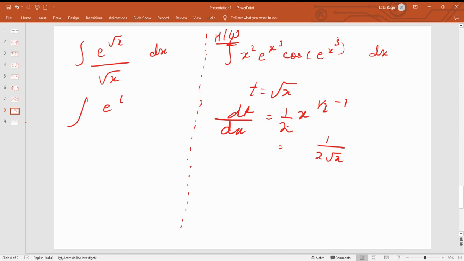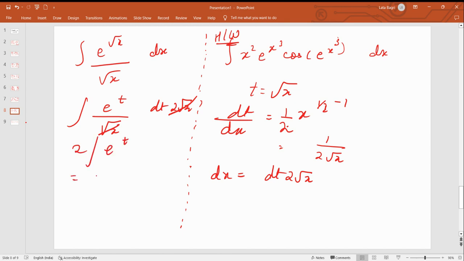So put e to the power t by root x. Now dx is equal to dt into 2 root x. So right over here, dt into 2 root x, cancel this, get 2 e to the power t, which is same, 2 e to the power t plus c, 2 e to the power, what had we taken as t, root x. Let's see. This will be your answer.